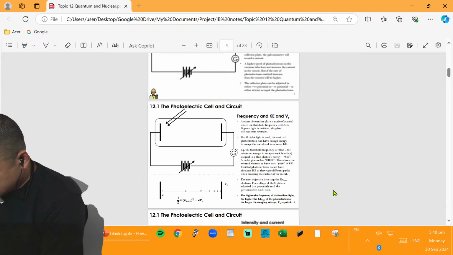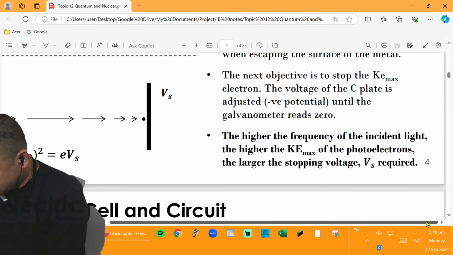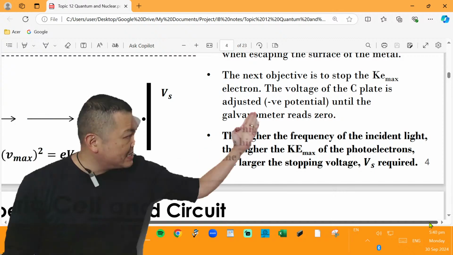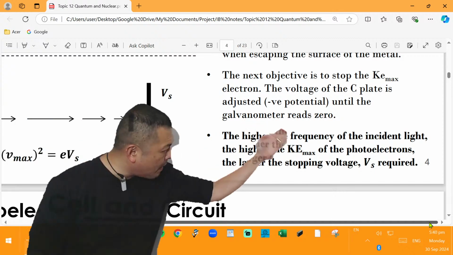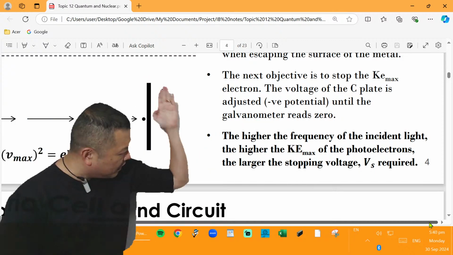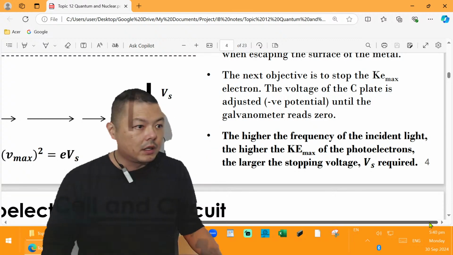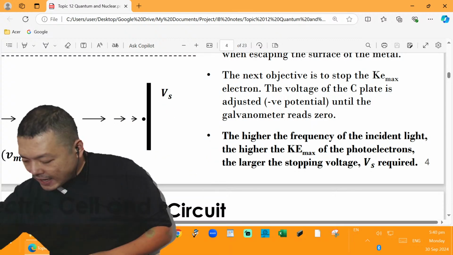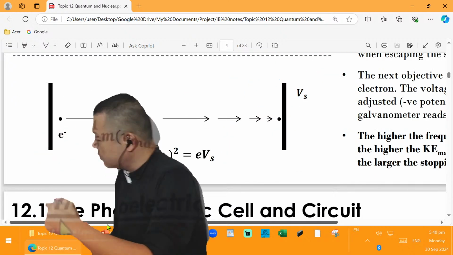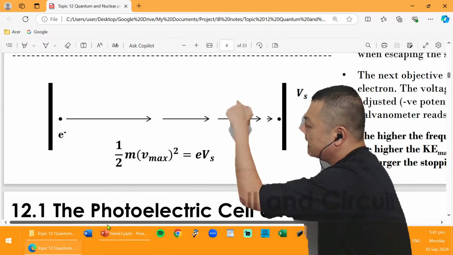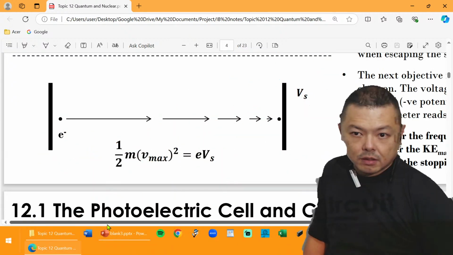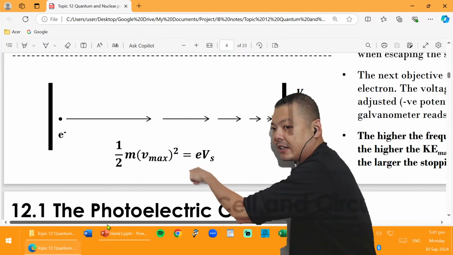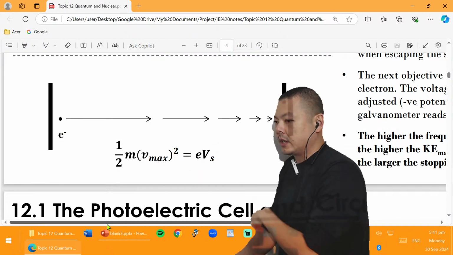The higher the frequency of the incident light, the higher the KE max of the photoelectrons, and therefore the larger the stopping voltage required. We also have an equation that links the two: half m v max squared is equal to eVs, e being the charge of the electron times Vs, the stopping voltage.